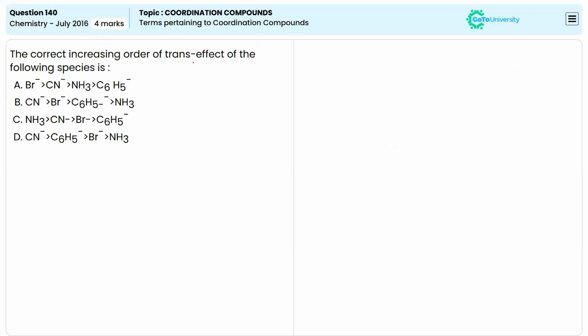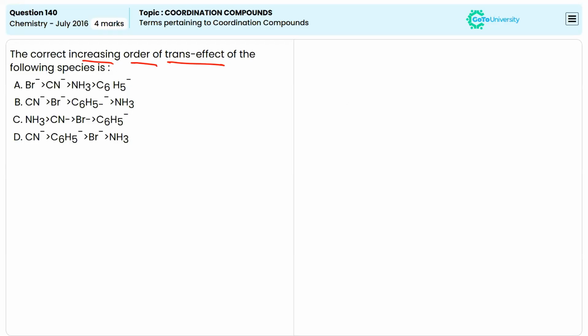Coming to the next question, here we have different ions or ligands. We have to arrange them in increasing order of their trans effect. So first we have to know what the trans effect is. The trans effect is an important concept in coordination chemistry, okay?